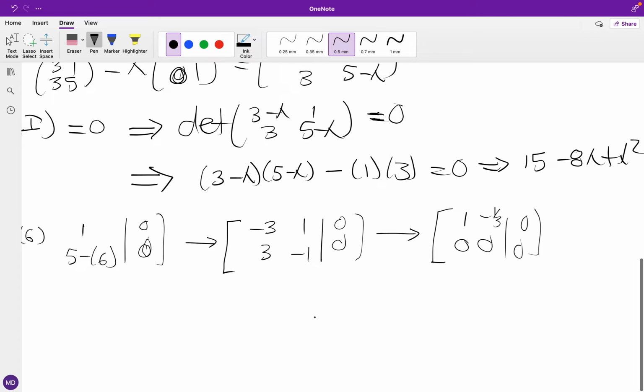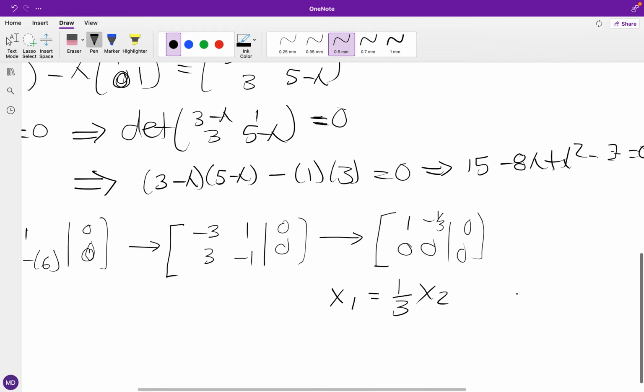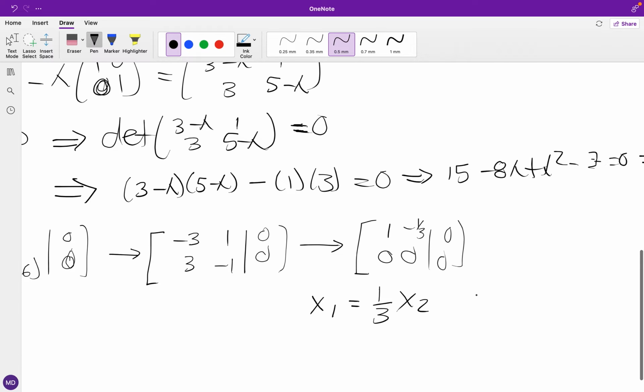And so when we write out the general solution, we would say that x1 is equal to 1/3 of x2. And so therefore we can take the vector x1, x2 equals 1, 3, for example, as a solution.